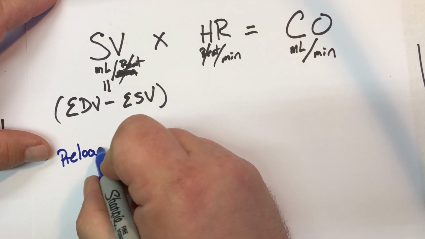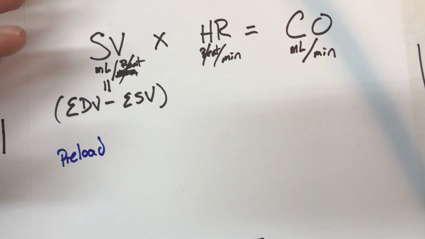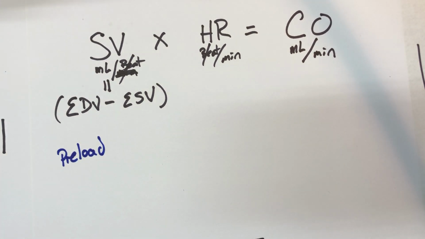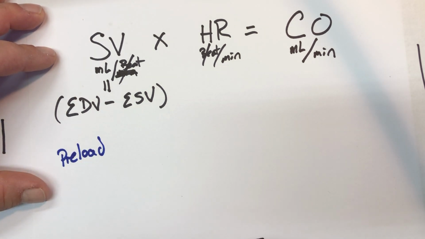Preload is the amount of stretch of the muscle in the ventricle before contraction. There's an optimal length for those muscles. Too short, they don't generate a lot of tension. Too long, they don't generate a lot of tension. Somewhere in the middle, there's an optimal stretch for those muscle fibers that generates preload.